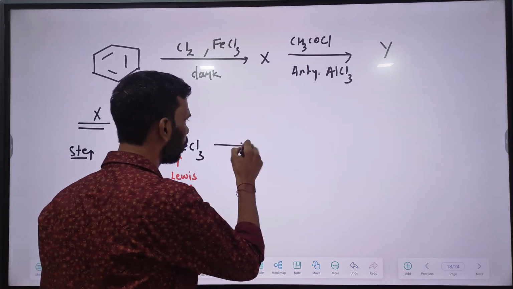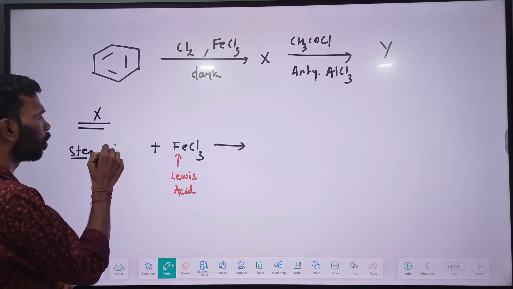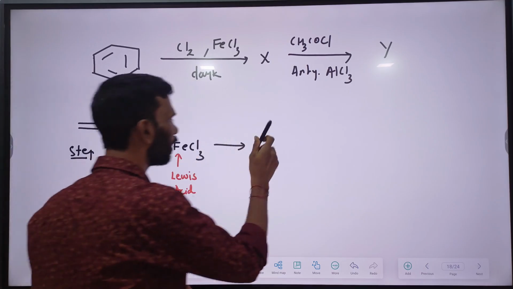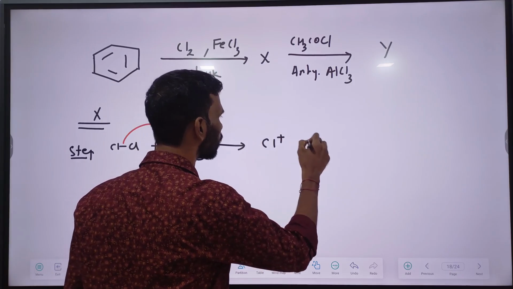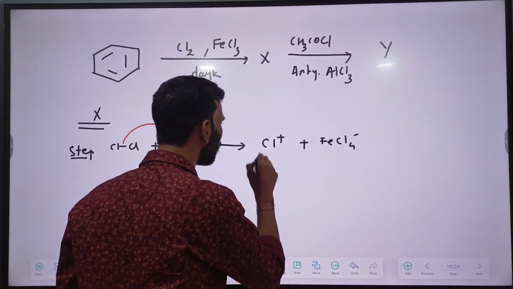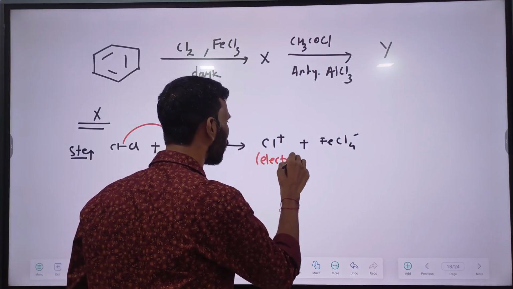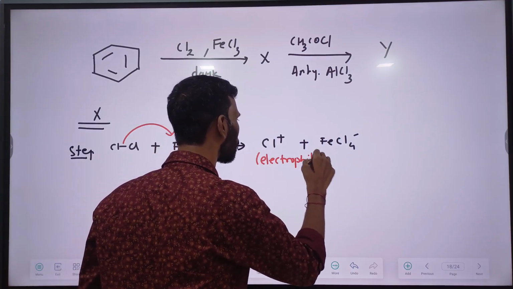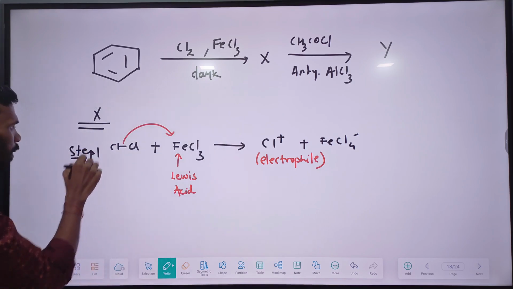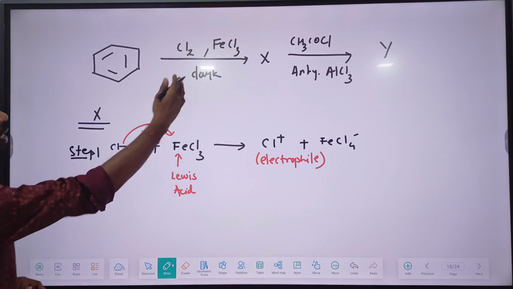So after breaking the chlorine-chlorine bond, you will get Cl plus and FeCl4 minus. And this is the electrophile which is generated. This is step 1 to get the product.